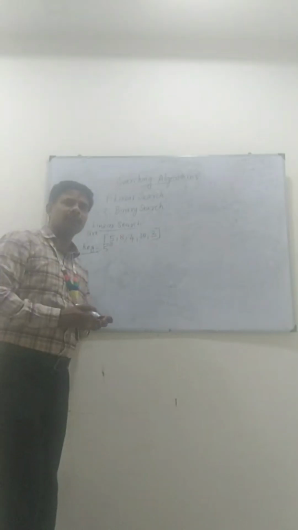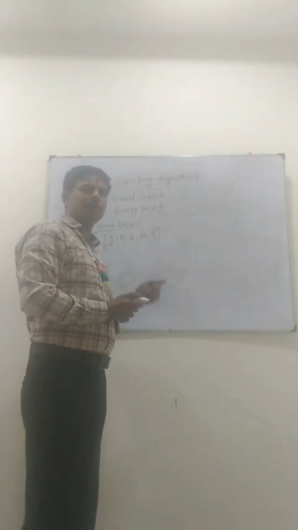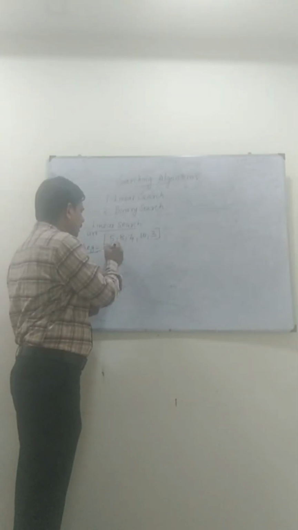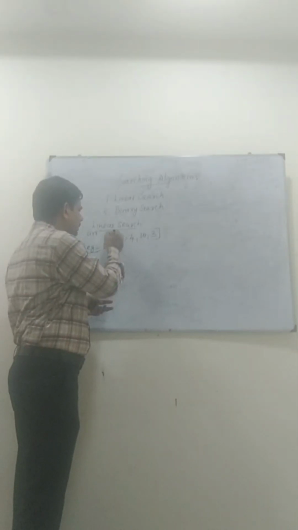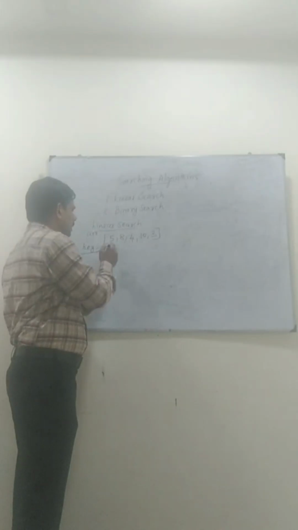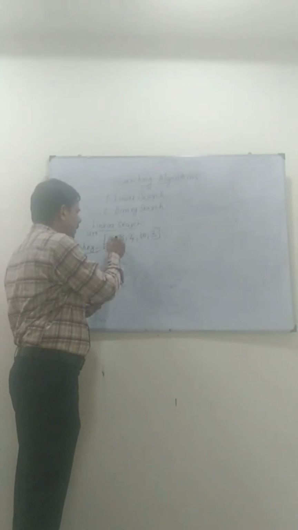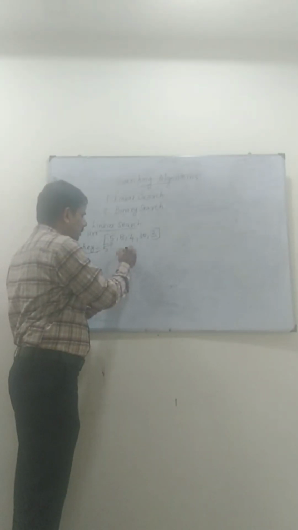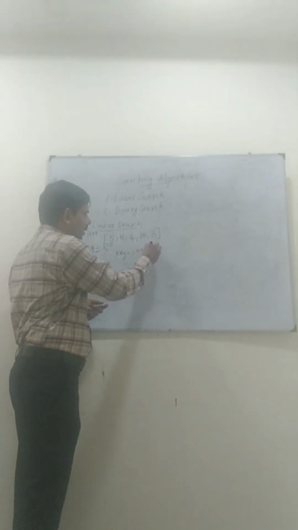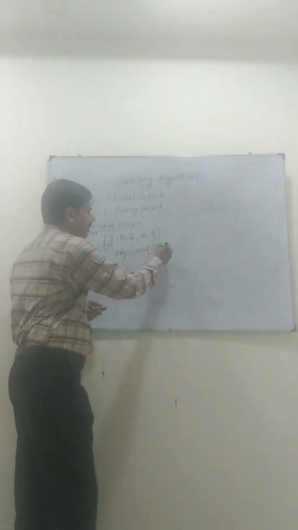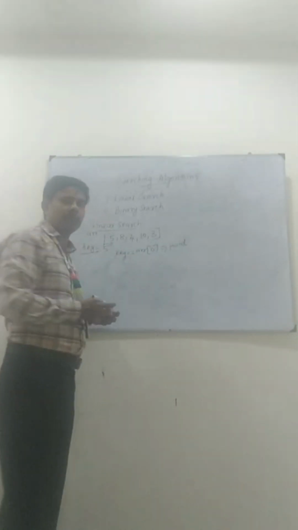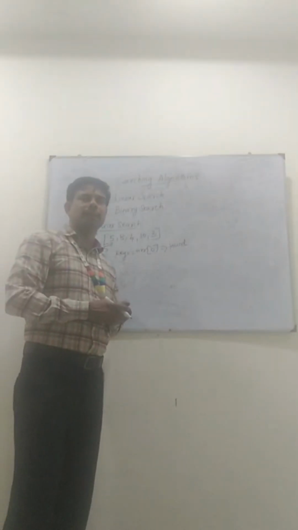Now compare the key with each and every element. We find the first element at the 0th index: our search key 5 compared with 5 is equal, key equals ARR of 0. The element is found at index 0.